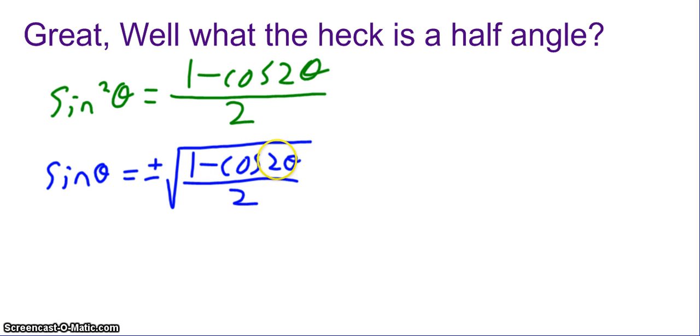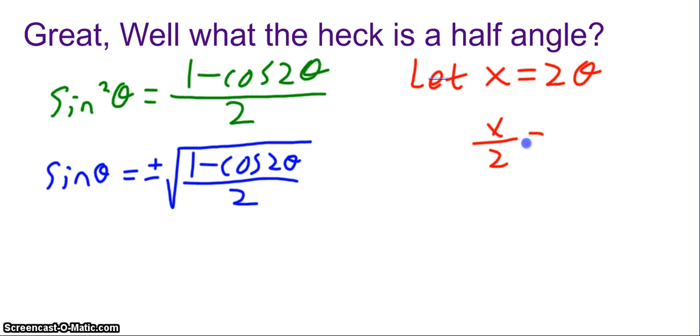But now I don't like having the double angle in here. So let's come up with a new relationship. Let x equal 2 theta, then x over 2 is theta. So that's my half angle.